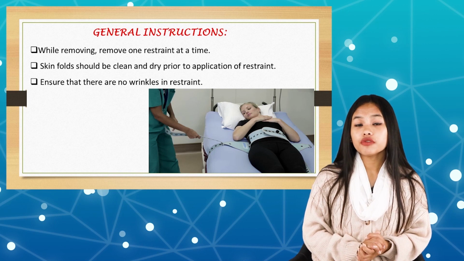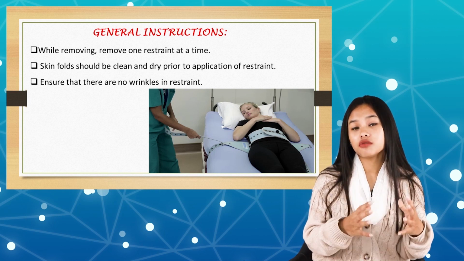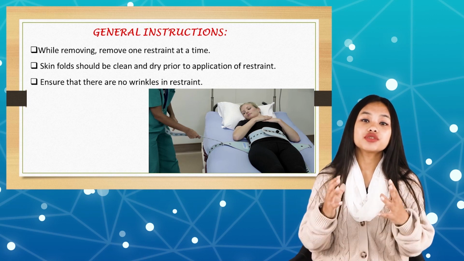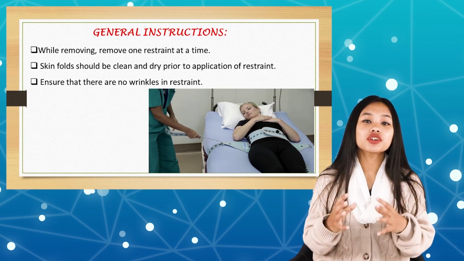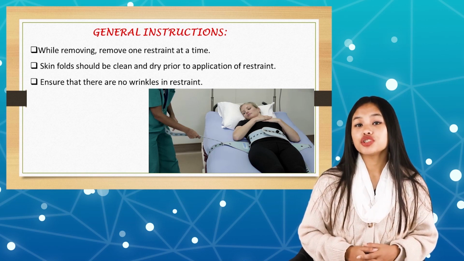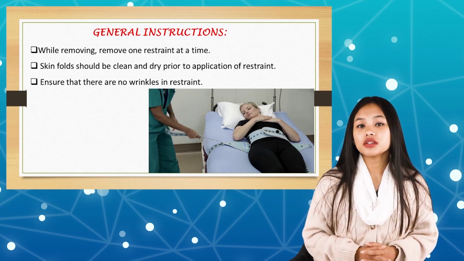And also, if you find that there is presence of skin folds, then you should make sure that these are clean. Also, before you provide these restraints, make sure that the particular area is dry. And the last one is that you should ensure that there are no wrinkles on the restraint. So these are the various things that you need to keep in mind.